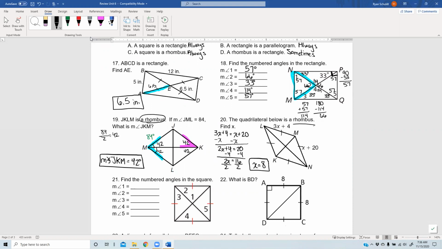Number 21. Find the measured angles in the square. Well, let's find all the angles in the square. So a square is a rhombus, which means the diagonals are perpendicular. So that means they intersect at a 90-degree angle.